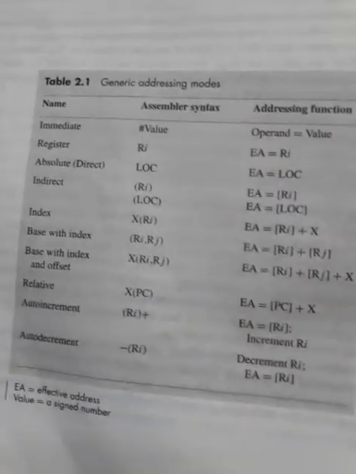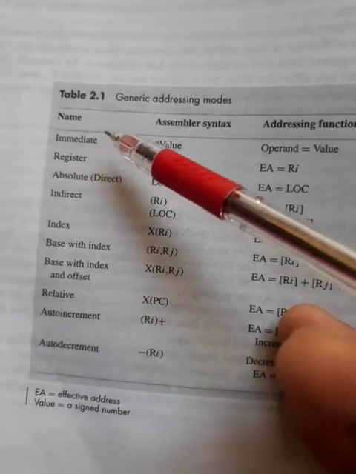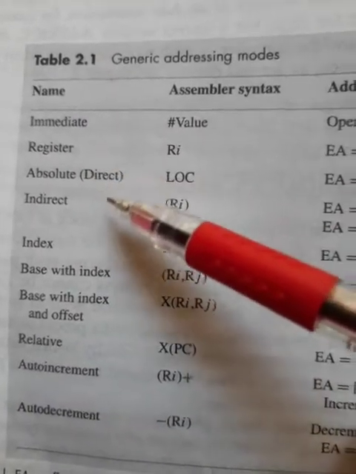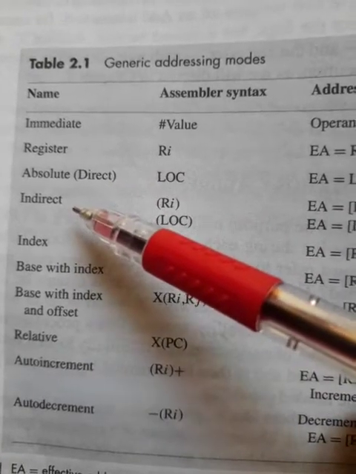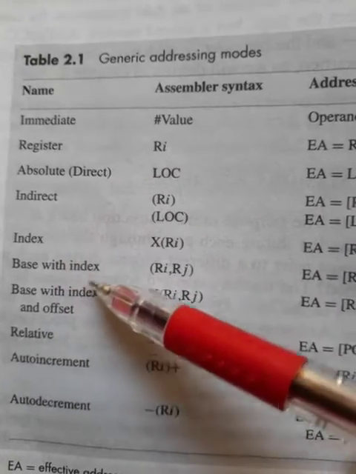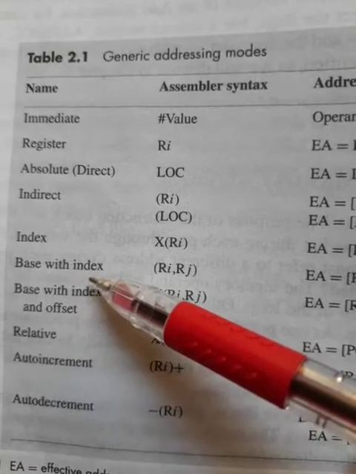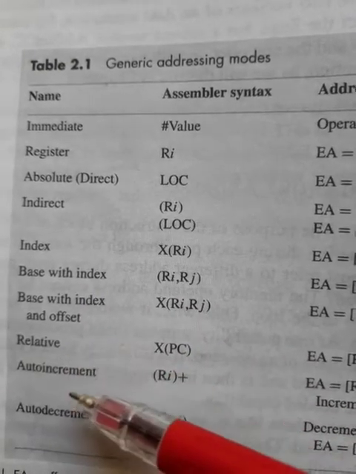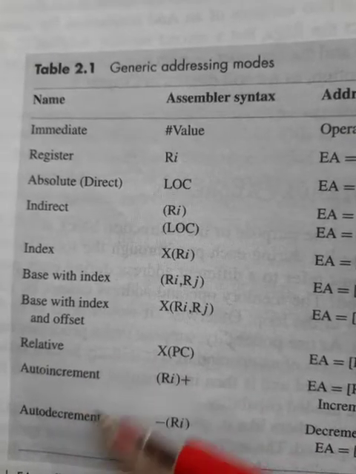We have a generic addressing modes table here, with the different addressing mode names. First one is immediate, second is register, third is direct, fourth is indirect, next is index, next is base with index and offset, then relative, and auto increment and auto decrement.